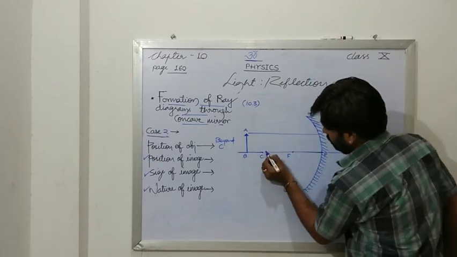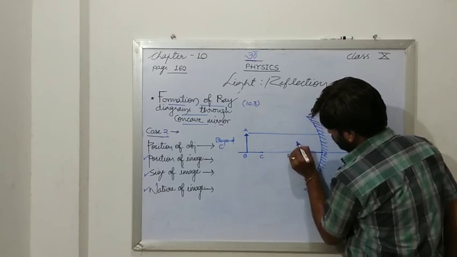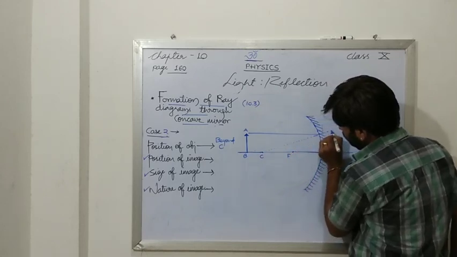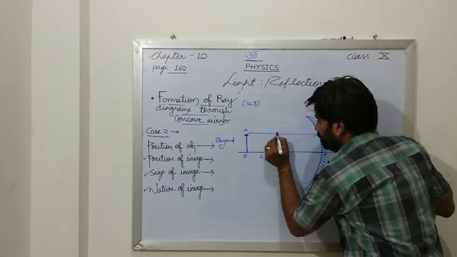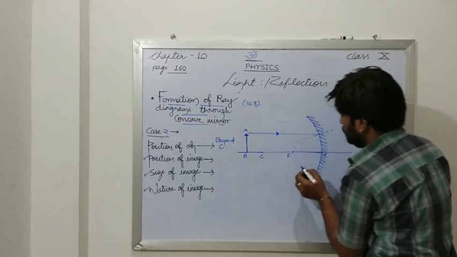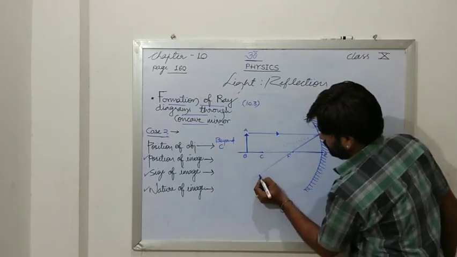The very first thing which we are going to do, don't forget to draw this one. This is a part of this ray diagram. So parallel to the principal axis, just after reflection, it will pass through the focus.